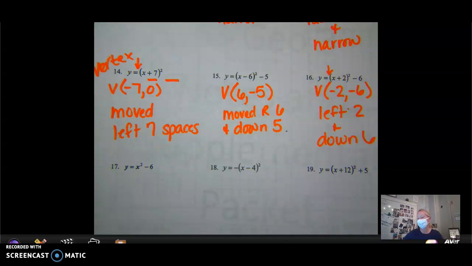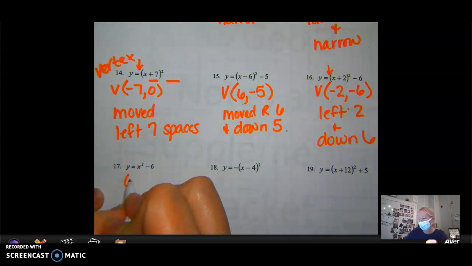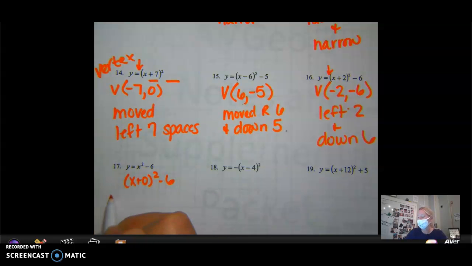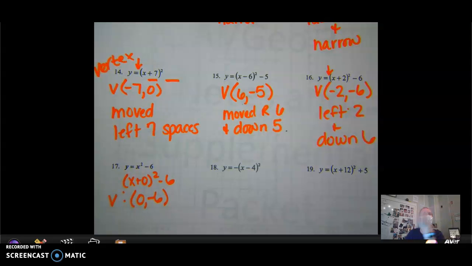In vertex form, this one's a little tricky because this one can be written as x plus 0 squared minus 6. So what is your actual vertex of this guy? 0, negative 6. So where did this guy move? Did it move right or left at all?